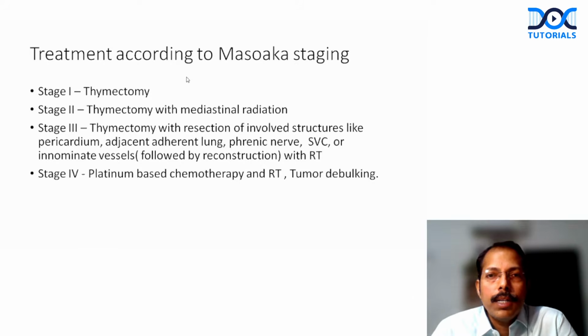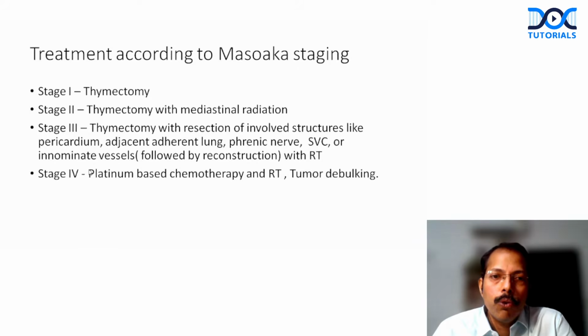So how to treat a thymoma? Stage 1, straightforward thymectomy. Stage 2, since it breaches the capsule, we have to go with mediastinal radiation after thymectomy. For stage 3, because of the invasive nature, we have to remove all the involved structures like pericardium, even adjacent lung, phrenic nerve, SVC, or innominate vessels, followed by reconstruction of those vessels along with postoperative RT.